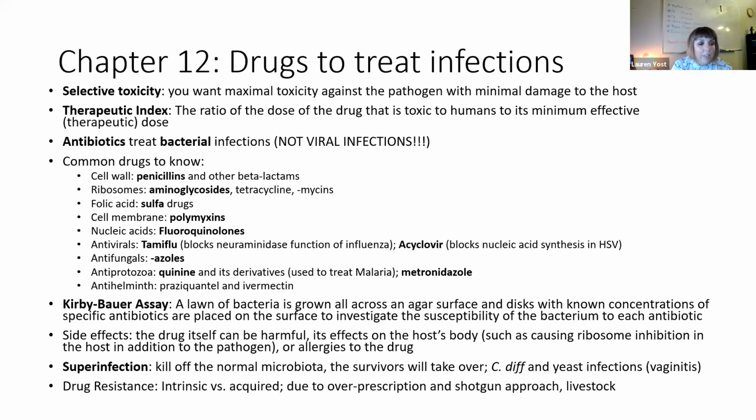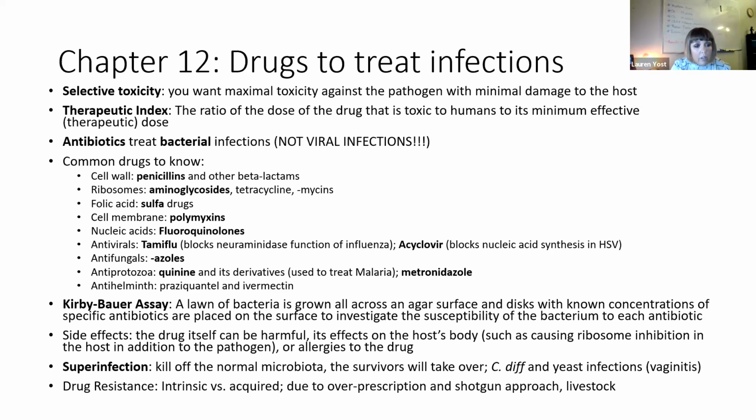For ribosomes, affecting protein synthesis, we have the aminoglycosides. This includes tetracycline and glycylcycline and the mycins like streptomycin and erythromycin. Next, we have folic acid. These are the sulfa drugs. These are going to inhibit folic acid synthesis via competitive inhibition of the enzyme that's associated with making folic acid.